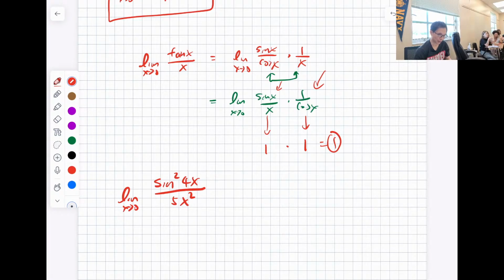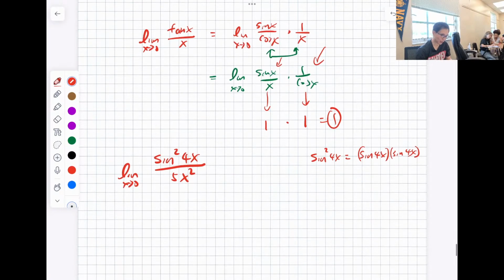So can I rewrite this? Let's say sine squared of 4x. Can I rewrite it as sine of 4x times sine of 4x? Does that make sense? I can rewrite that. And also, I see this 5, right? I also told you if it's any type of coefficient, it can move outside the limit. So I'm going to do two things at once.